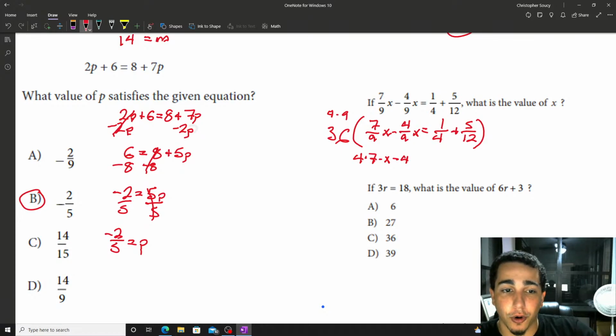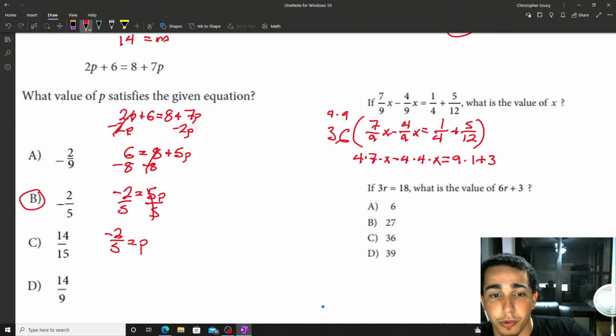It's going to be minus 4 times x equals, here now the 4 is going to cancel, and we're going to have 9 times 1 plus 36 divided by 12 is 3 times 5. So we're dividing 36 by the number on the bottom, and whatever's left over, we're multiplying that by the top.